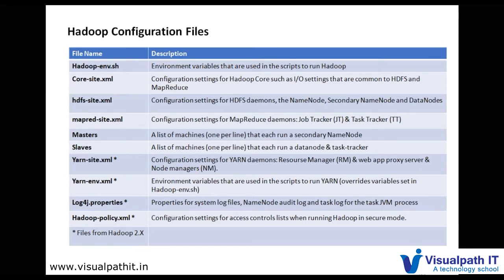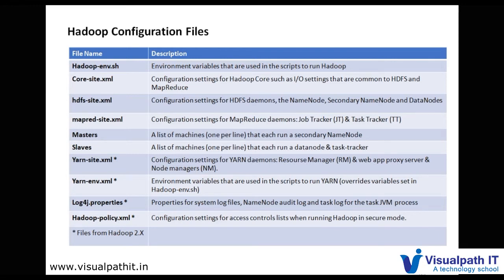The third one is hdfs-site.xml, with configuration settings for the Hadoop daemons. What are the daemons? NameNode, secondary NameNode, and data nodes are called Hadoop daemons. Then mapred-site.xml has configuration settings for the MapReduce daemons, job tracker and task tracker.